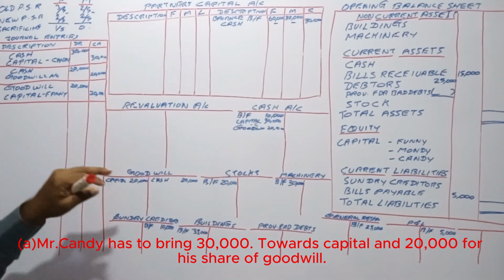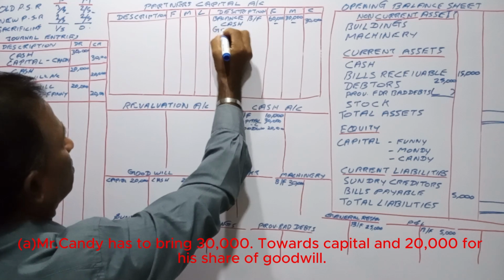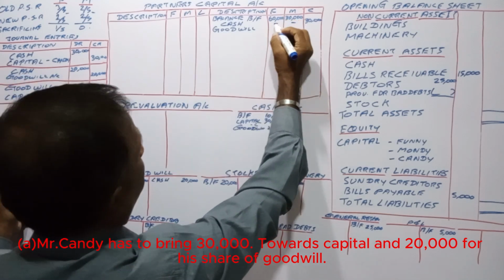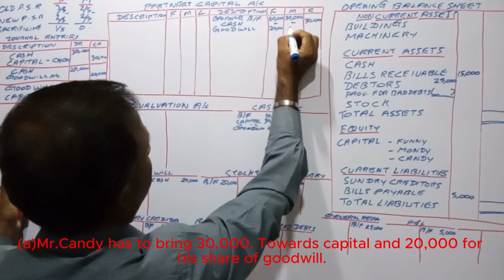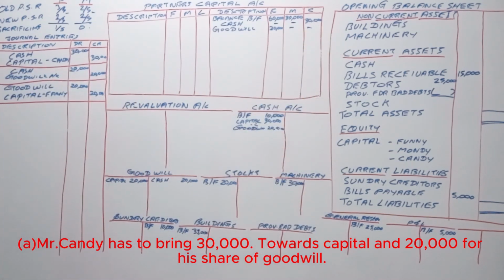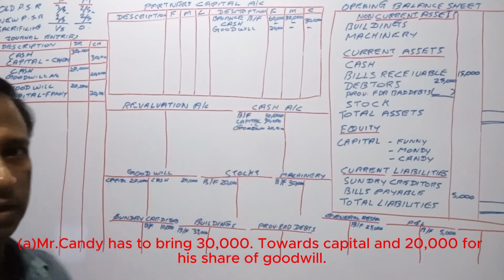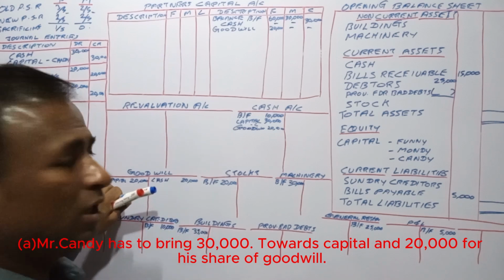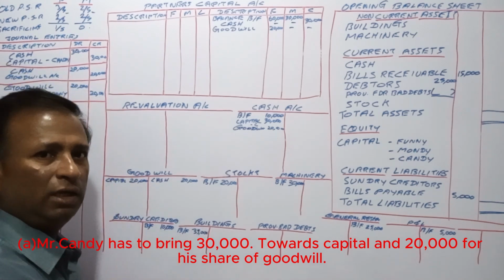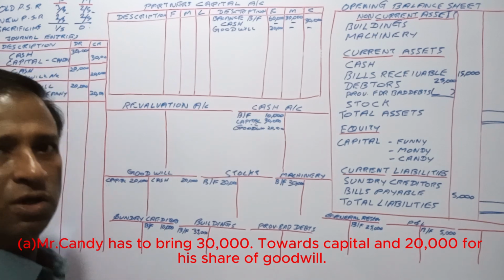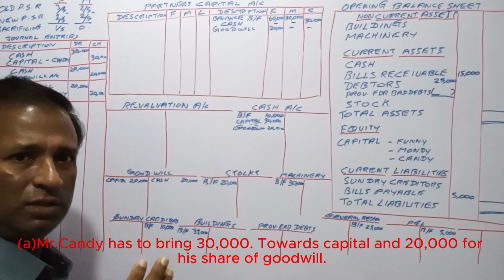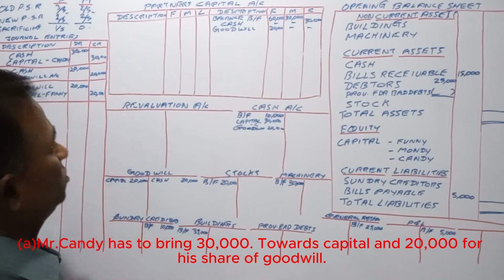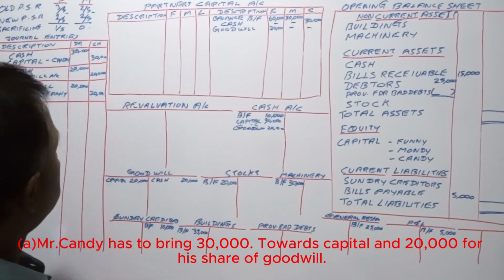The goodwill brought of 20,000 has been distributed among the partners according to the sacrificing ratio. What is the sacrificing ratio? It is the old profit sharing ratio minus the new profit sharing ratio, which we have calculated here.